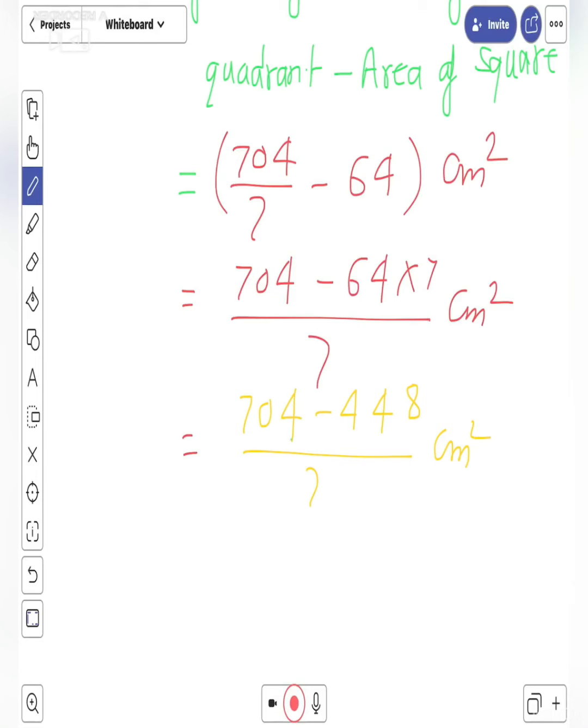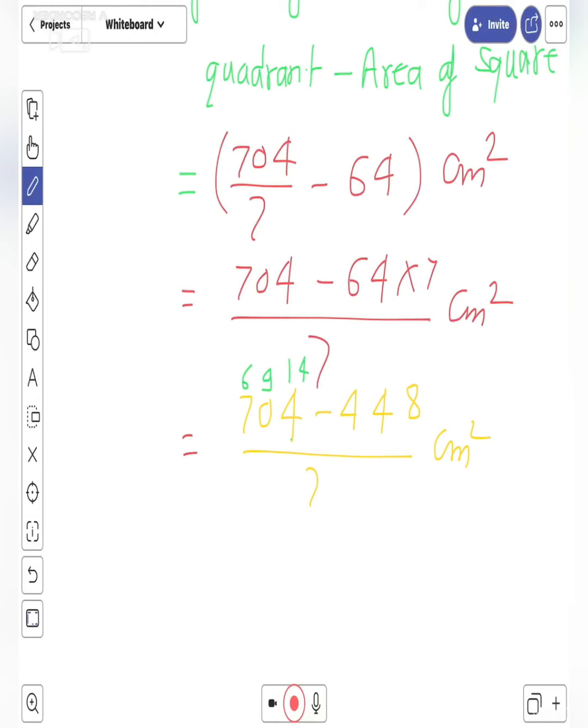Yes, 4 minus 8, can you subtract? Not subtractable, so you will take the carry from here, but here is 0, so you will take the carry from the next digit, that is you will get here 14 when you take the carry, and here is the 6, and this will be 10, but here 1 is carried, so here is only 9.